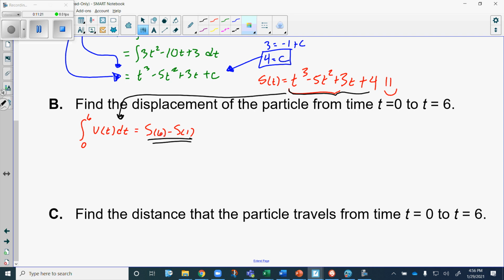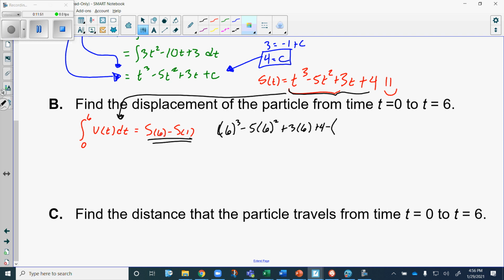So s of 6 will give me 6 to the third power minus 5 times 6 squared. And guys, for this, use a calculator. Don't try to do all this stuff discretely on paper or in your head. Use a calculator for this type of arithmetic. Plus 3 times 6 plus 4.